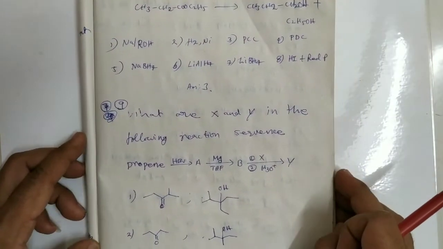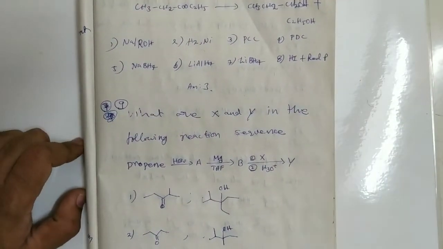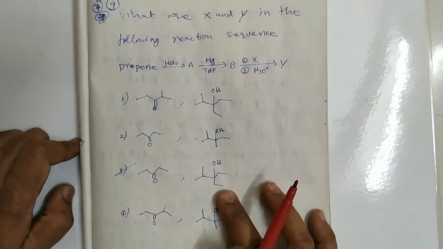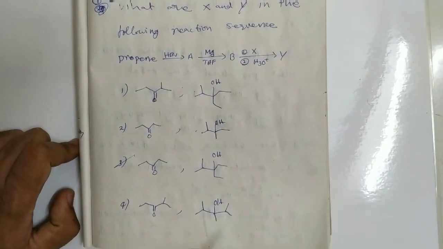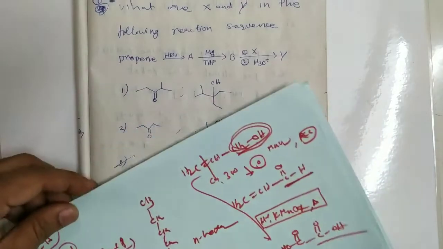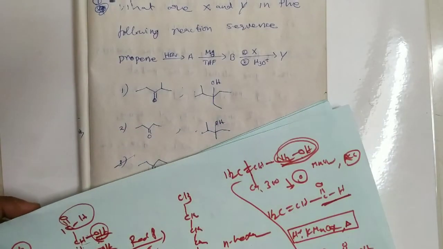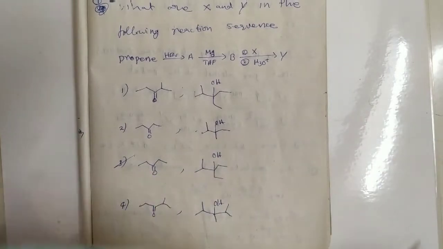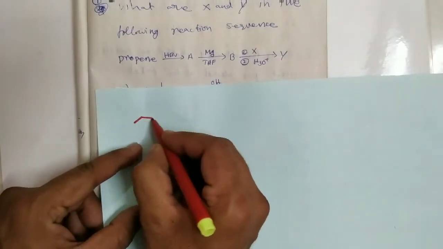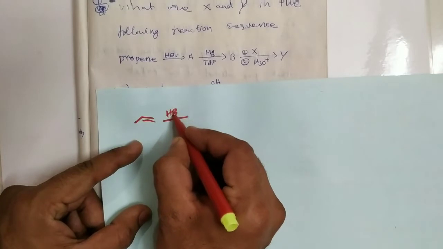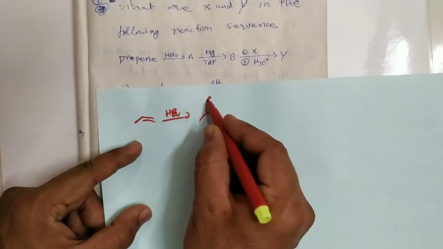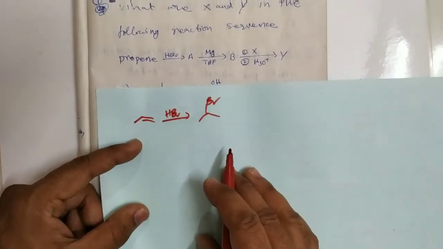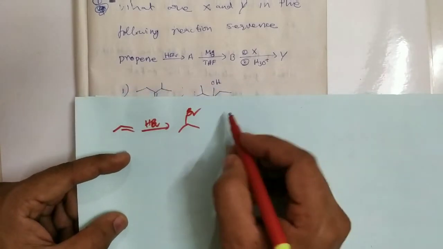And next, another question, the 59th question: what are X and Y in the following reaction sequence? Here propene on reaction with HBr undergoes Markovnikov addition, giving 2-bromopropane.